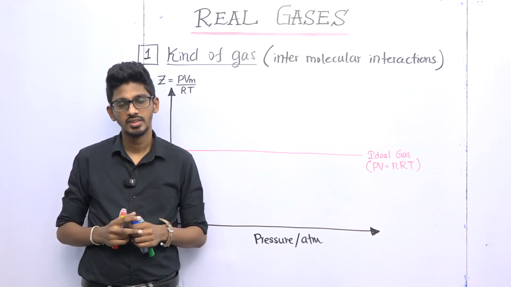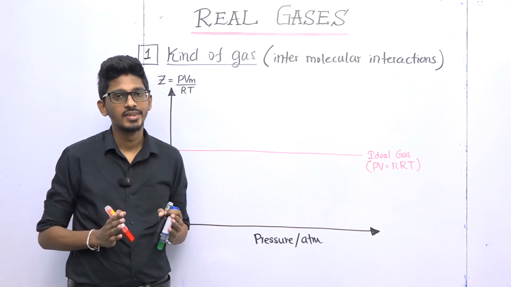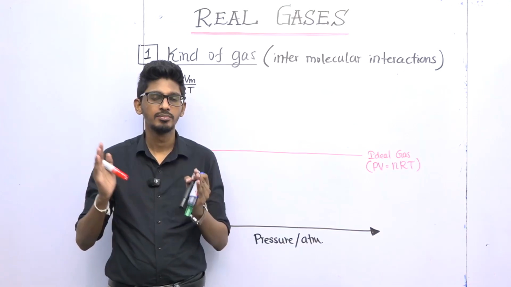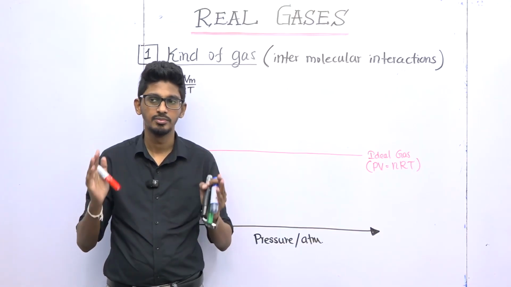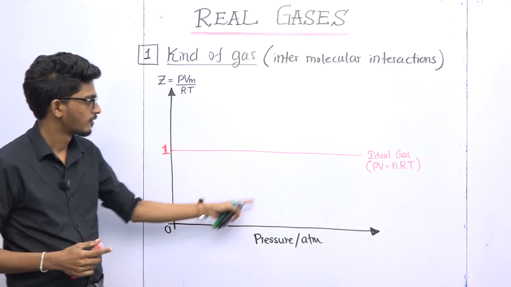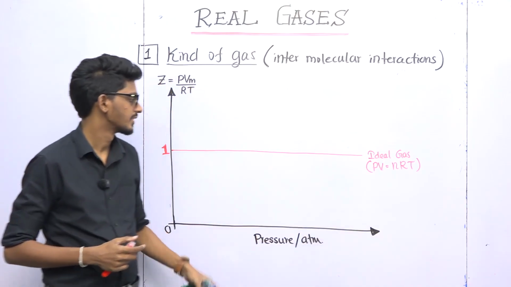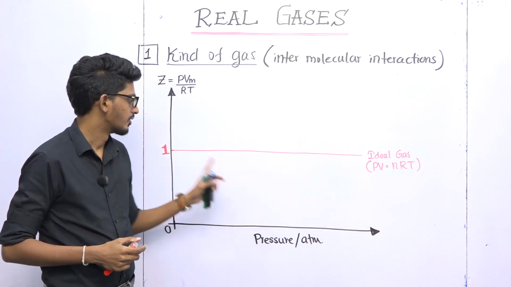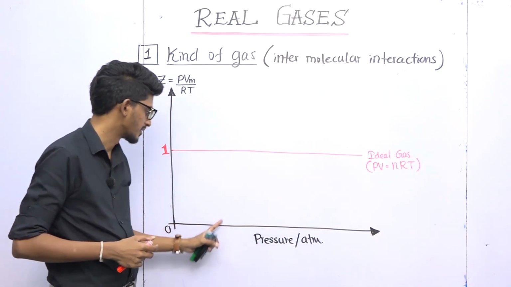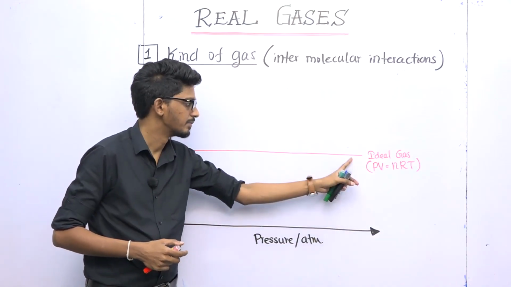Any gas following the ideal gas law under any temperature and pressure situation. So you clearly see that with any pressure, for ideal gases, PV is equal to nRT. For ideal gases, the points are on this Z equals 1 line. So for any pressure, Z is equal to 1. That means for any pressure, PV is equal to nRT.